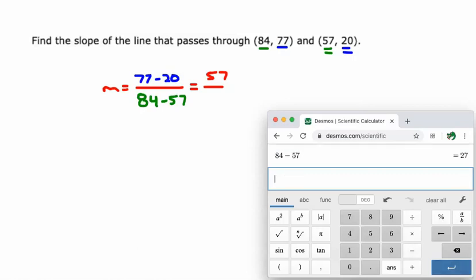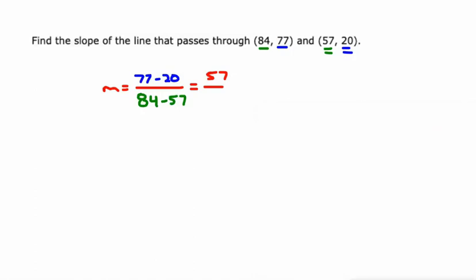It's 27. And I don't think that that can be simplified at all. Oh, we can actually. Yeah. Both of those numbers are divisible by 3. So this is actually 19 over 9.